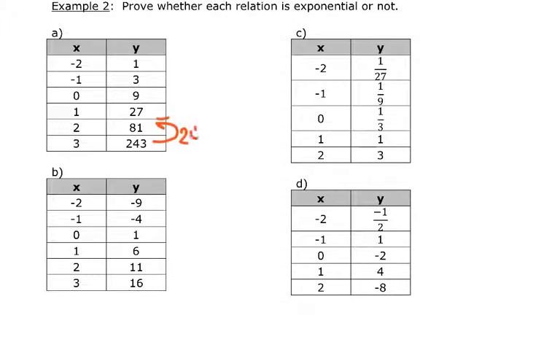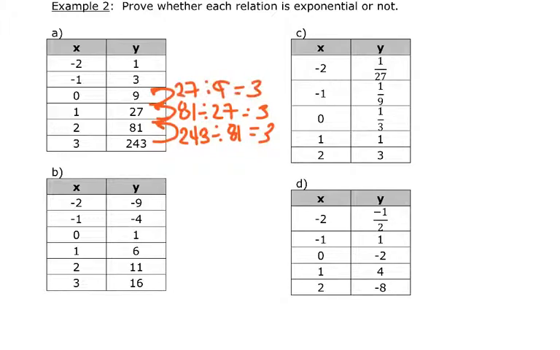So we're going to divide 243 by 81, and that just equals 3. And then we're going to do the next one. 81 divided by 27 also equals 3. I'm starting to see a pattern. Let's see if it continues. Then we're going to do 27 divided by 9 equals 3.